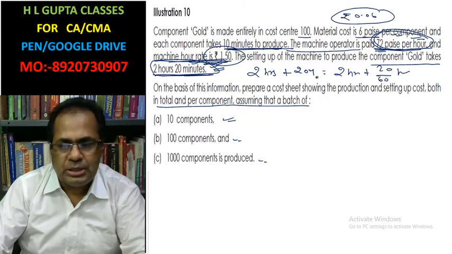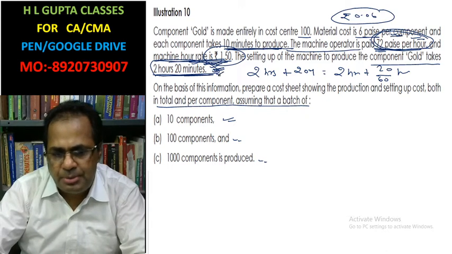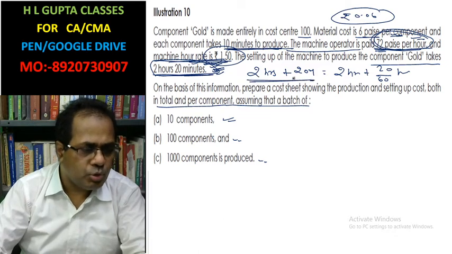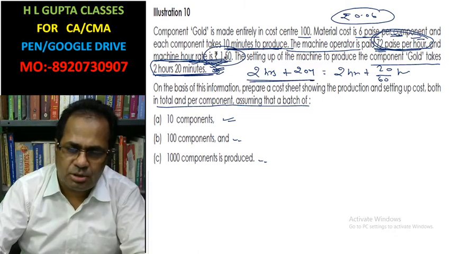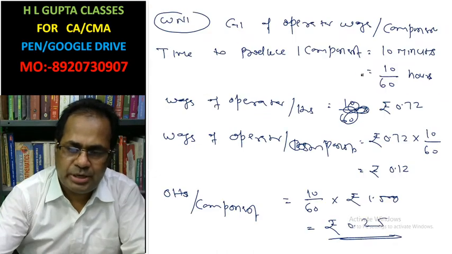Because the wages rate of the operator is given in hours, you will have to change it into hours. The overhead rate is also given in hours, so you will have to change that into hours too.